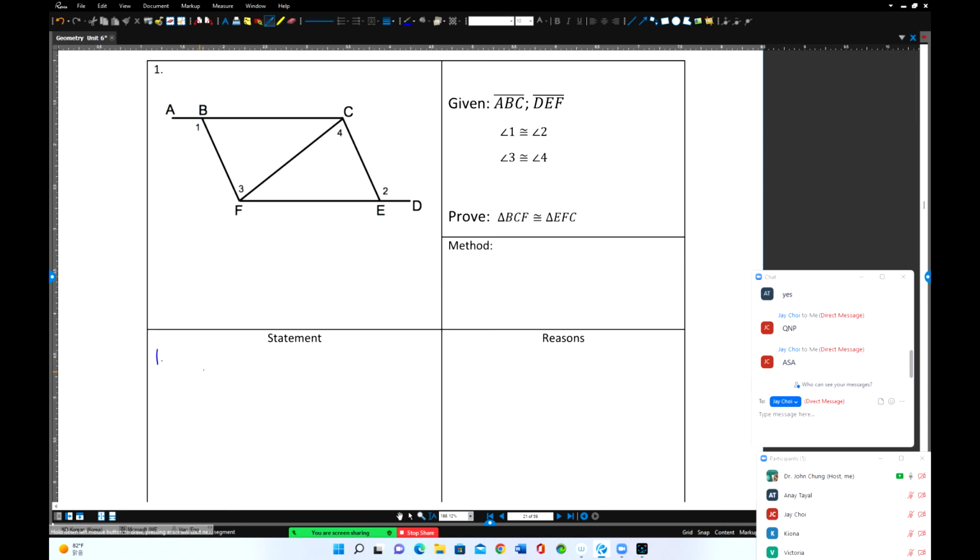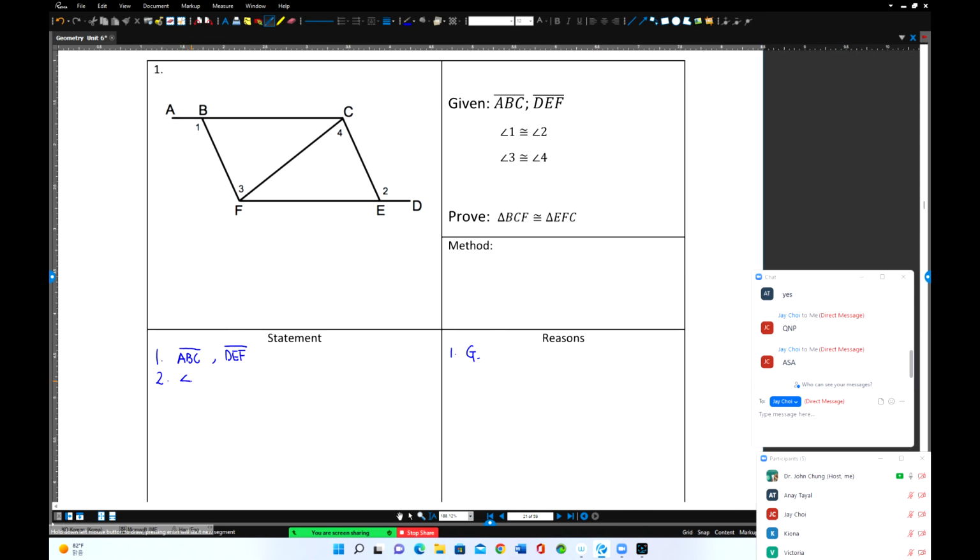You know that, right? Given: ABC is a straight line, and DF is also a straight line. Then we can say these two angles are a linear pair, right? They stand on a line. So that's the given.